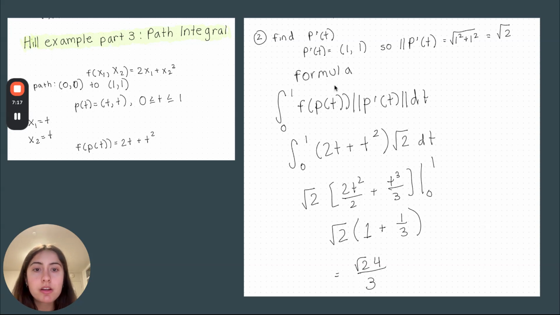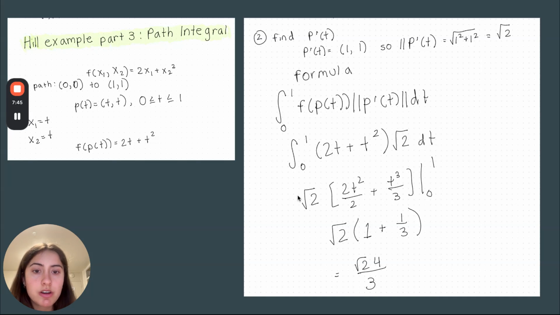So we have all the components of this formula, which is the integral of f of p of t times the norm of p prime of t dt. We just plug in our components, so we get the integral from 0 to 1 of 2t plus t squared times the square root of 2 dt.